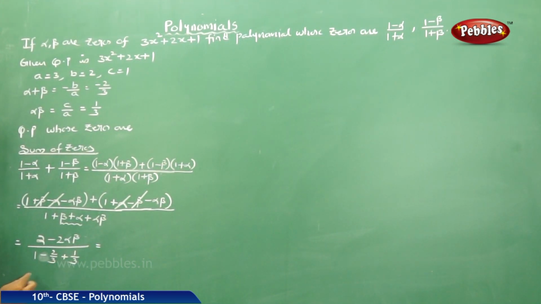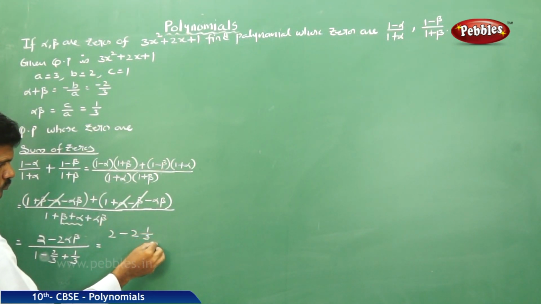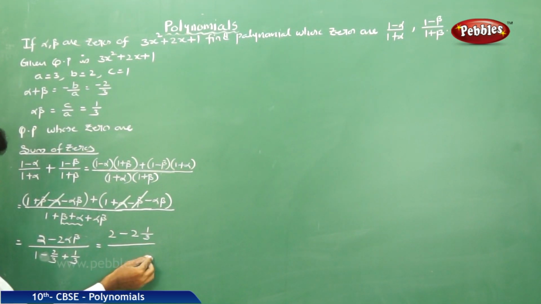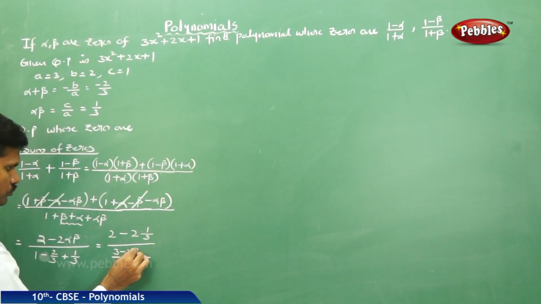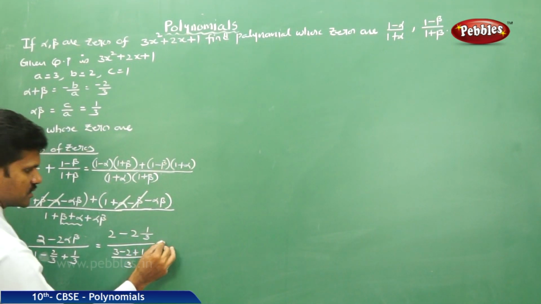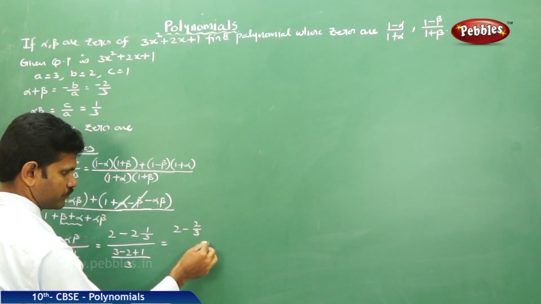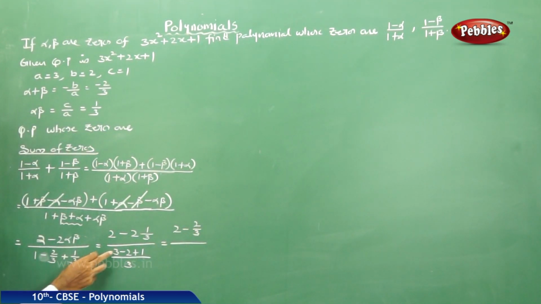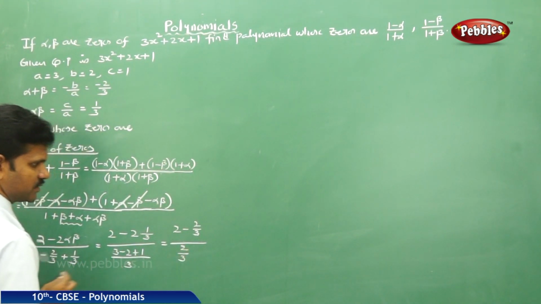That is equal to, substitute the values again, 2 minus 2 times the alpha beta value 1 by 3, by the LCM 3: 3 ones are 3, minus 2 plus 1. That is equal to, simplify, 2 minus 2 by 3 by 3 plus 1, 4, minus 2, 2 by 3.